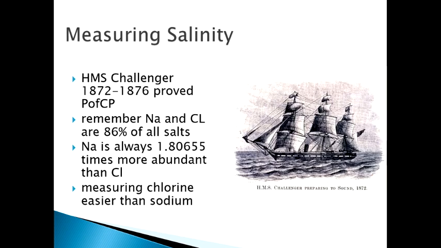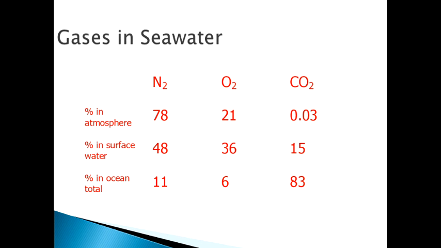Well, you can measure both of them, sodium and chlorine, but sodium, because of that constant proportions thing, is always 1.80655 times more abundant than chlorine. Turns out chlorine mechanically is much easier to measure than sodium. So when we're measuring salinity, we typically are measuring the chlorine. All right, we'll get back to salinity in a little bit.